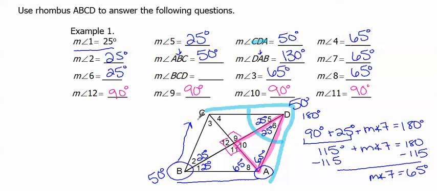Now if I look at angle C, notice I didn't mark 3 and 4. The last one I have left, I know if this is 50, angle C and this, these are consecutive angles, so they add up to 180. So if this is 50, this one over here has to be 130. So I could use all the properties I have to label all of these angles.